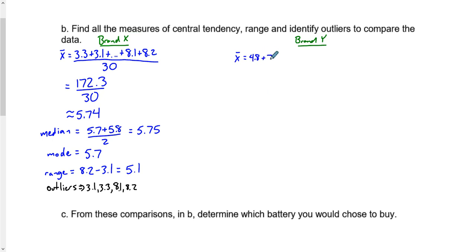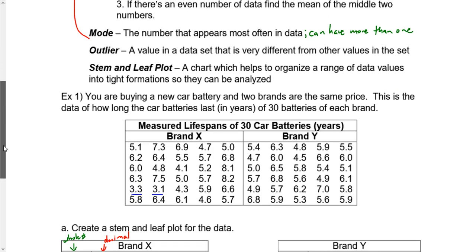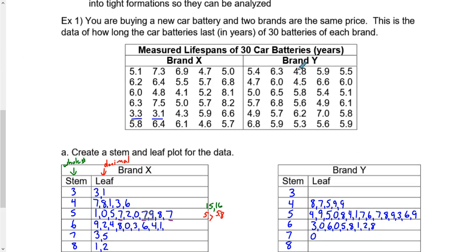4.8, 4.7, and I'm adding it all the way to the 7.0. Right, it was 4.8 and 4.7? Yeah. Now I could have just as easily taken all my values for brand X or brand Y straight from the table, but it's just however you feel most comfortable.